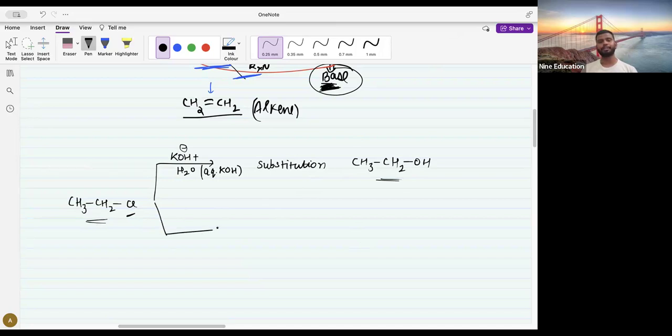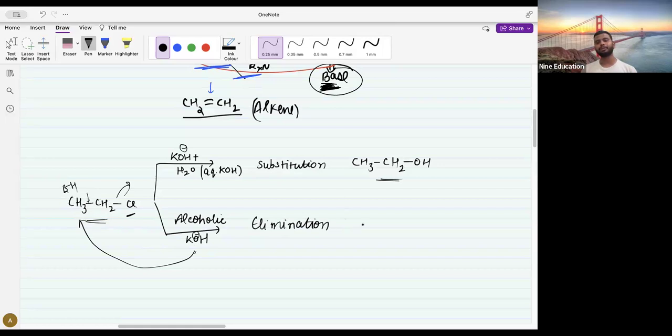But if in the reaction it is written alcoholic KOH, this means whenever we have alcoholic KOH, we will have to do the elimination reaction. If elimination happens, OH minus will attack the beta hydrogen of the carbon and make a double bond and remove the Cl minus. So here they will make CH2 double bond CH2.